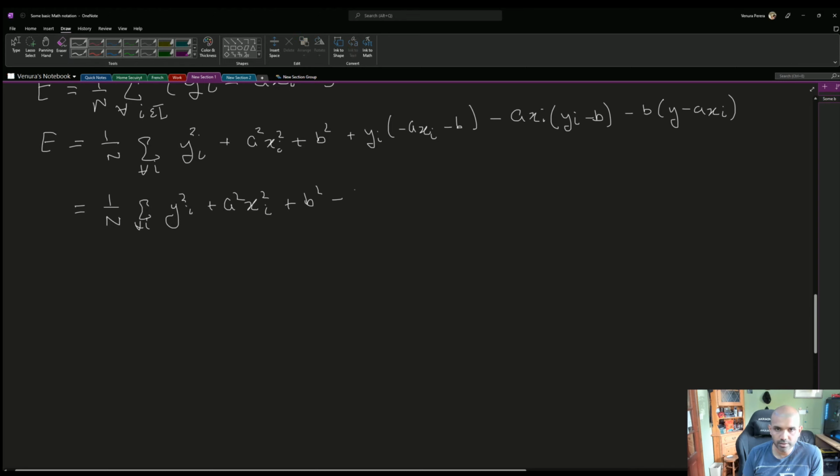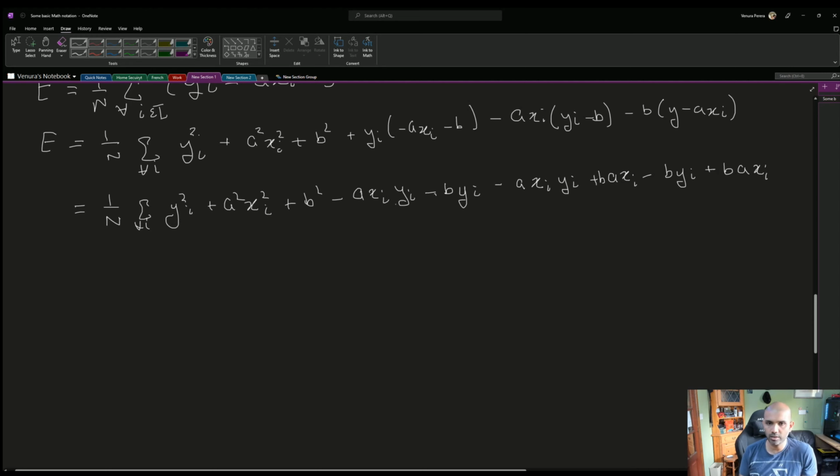We're going to have minus, so we'll put the a out in front here: a xi yi, minus b yi, minus again a xi yi, plus a xi, which will probably pop the b in the front here, and then we're going to have minus b yi plus b a xi, right?